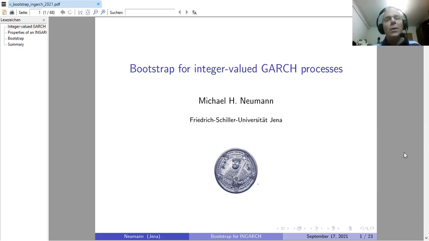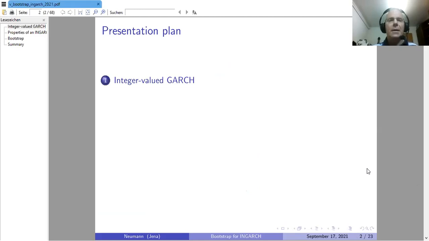Okay, so my talk will be on Bootstrap for integer valued GARCH processes. Okay, now it works. So here's an outline of my talk. First of all, I will introduce such classes of processes.